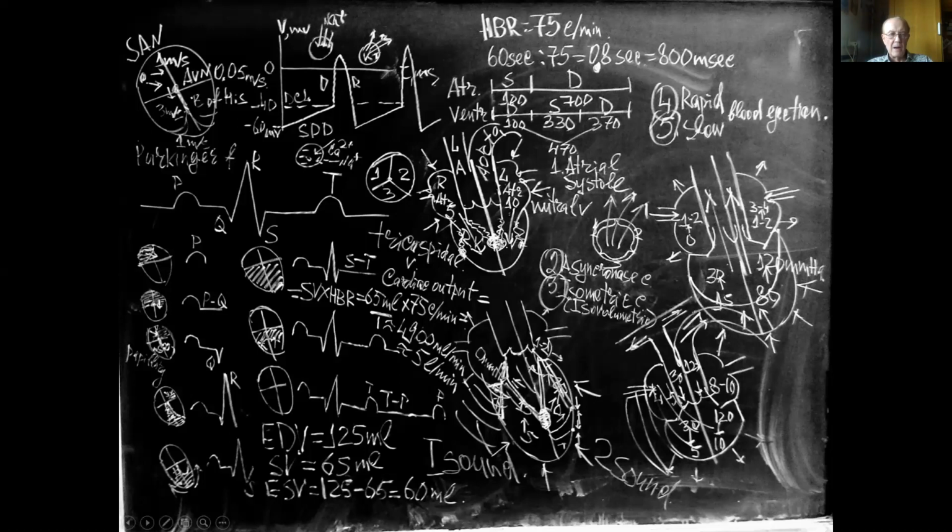This electromagnetic field conducts in all parts of the body, to the head, to the arms, to the legs, and in principle we may register the difference in the strength of the electromagnetic field between any points of the body. We may put one electrode on the neck, and the other electrode on the leg, and we register the electrocardiogram.